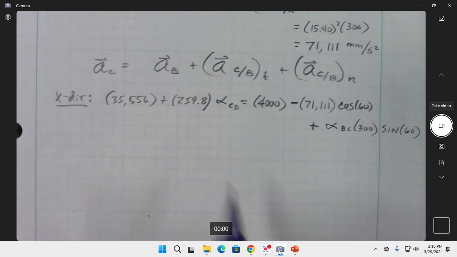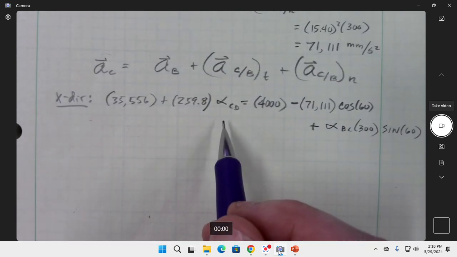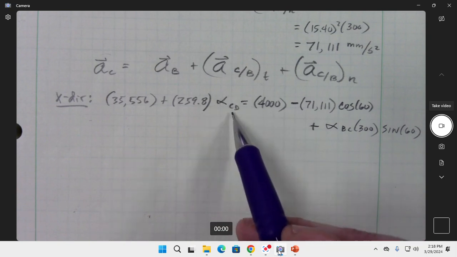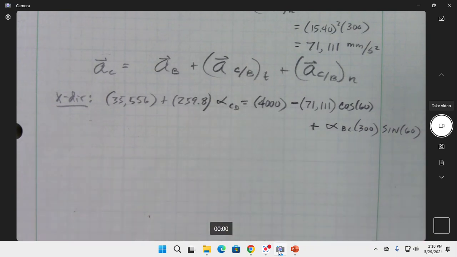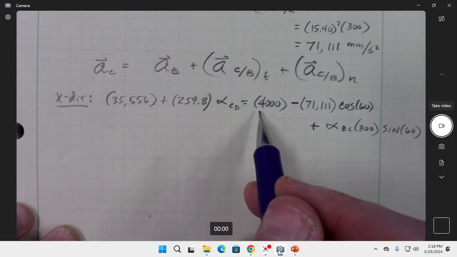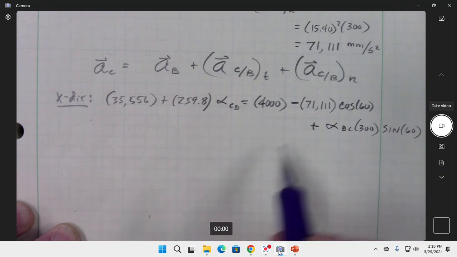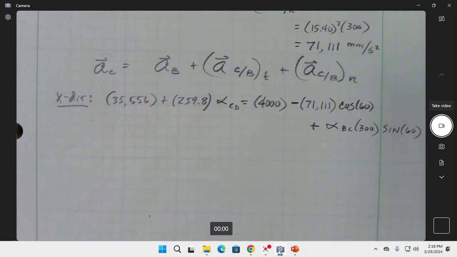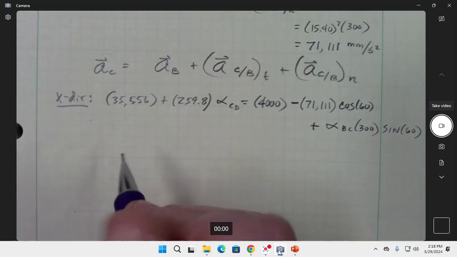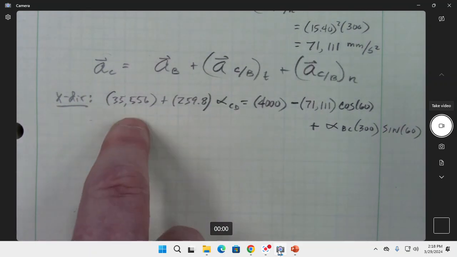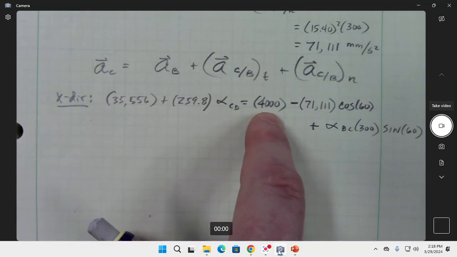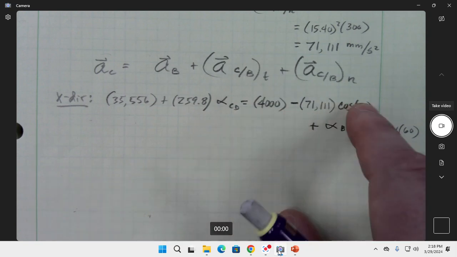Go ahead and collect a lot of the stuff in there. We want to end up with a value in front of alpha CD, and then something in front of alpha BC. You have to be a little bit careful. I'm going to keep the value on the left-hand side, and move alpha CD and alpha BC to the right-hand side. So I have two values in there.